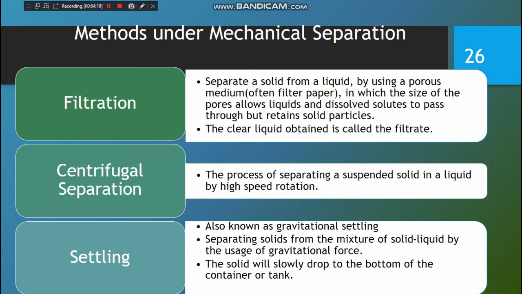For the case of solid-gas mixture, solid is again the desired product while gas is an unwanted product. Therefore, in order to achieve separation, solid and liquid or solid and gas need to be separated by the usage of porous medium such as filter paper.